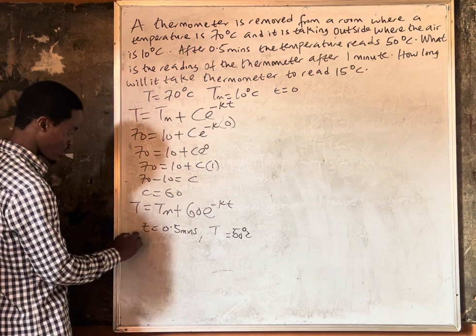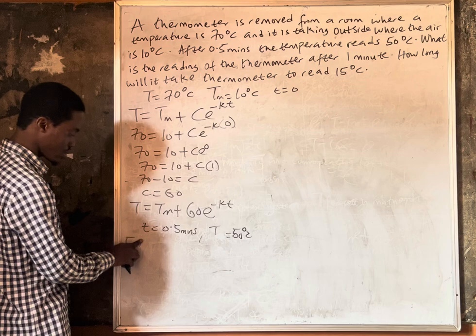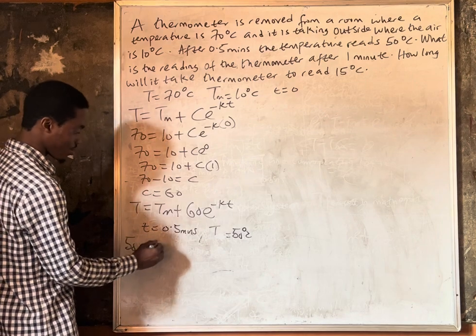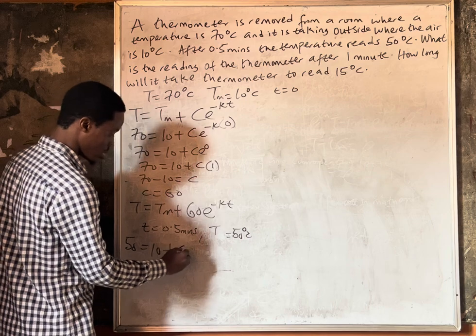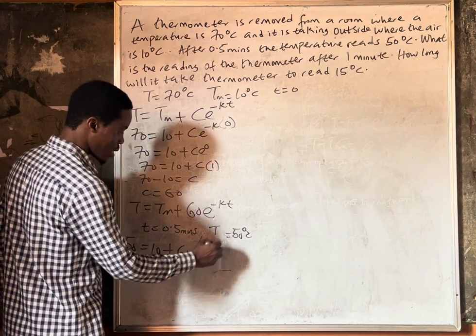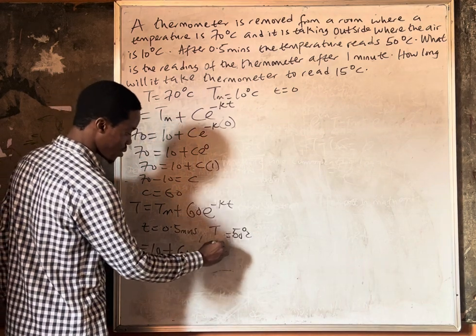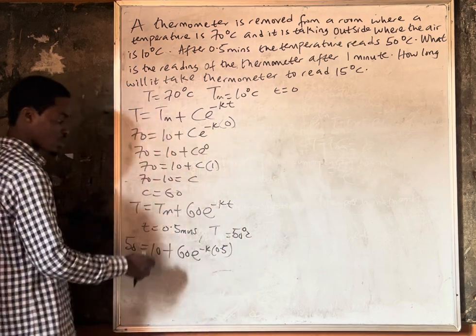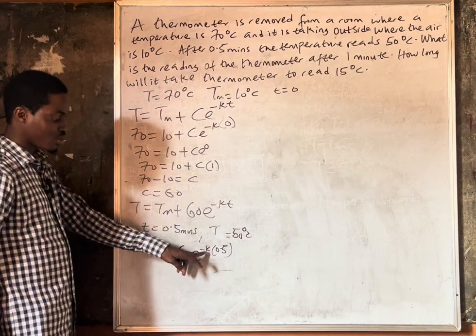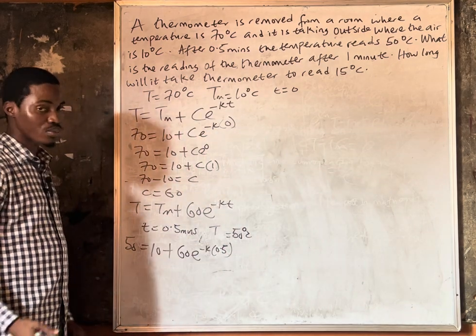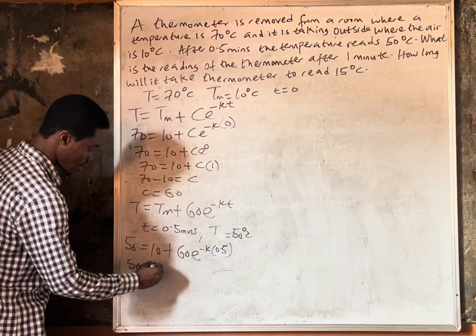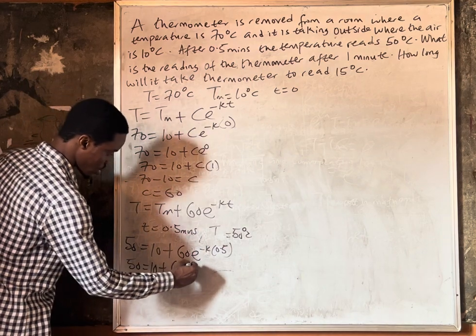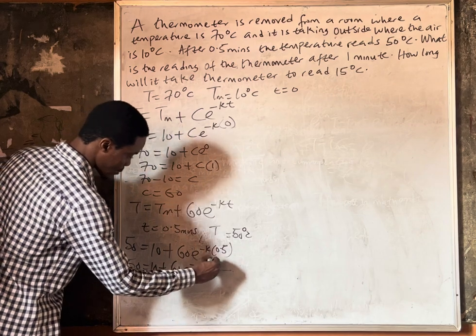Our T is 50 degrees Celsius, and the temperature of the surrounding is 10 degrees Celsius. That is 10 plus 60 exponential minus K times 0.5 minutes, which gives minus 0.5K. So we now have 50 is equal to 10 plus 60 exponential minus 0.5K.